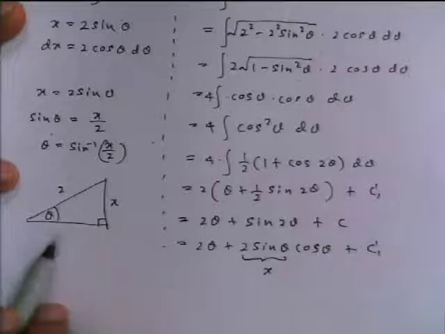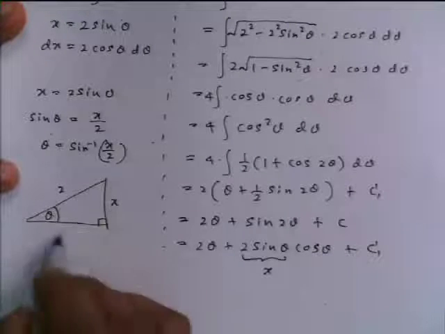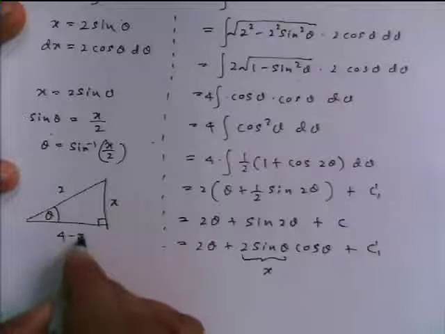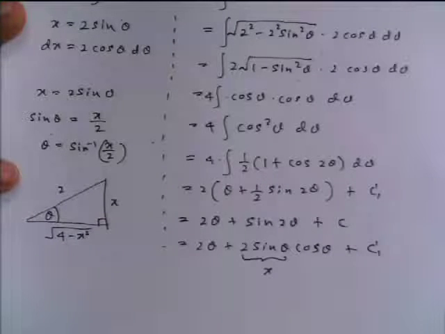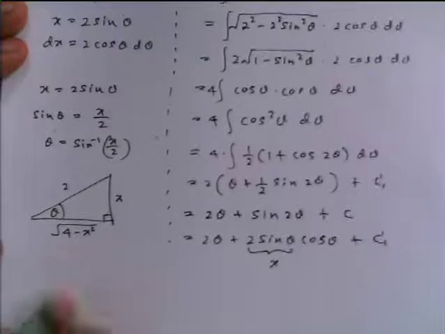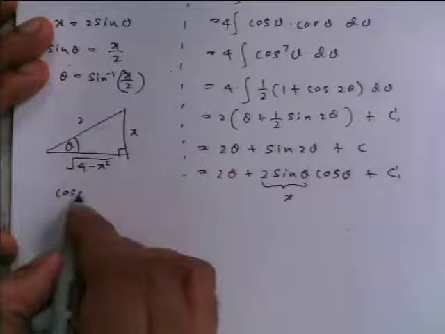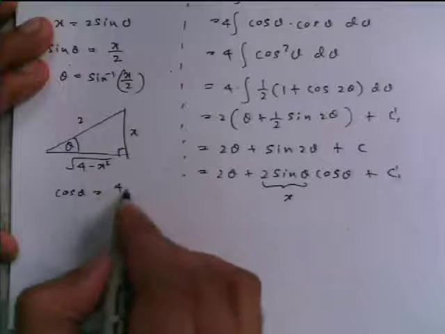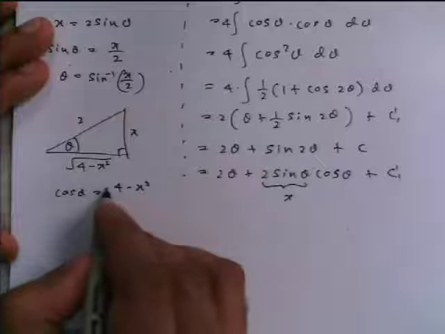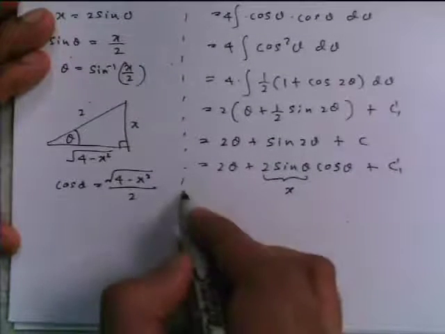So what is this from the Pythagorean identity? Square that minus that is square. So it is the square root of 4 minus x squared. Okay, so you can find cos theta from this one. So what is cosine theta? Cosine theta equals the square root of 4 minus x squared, over 2.